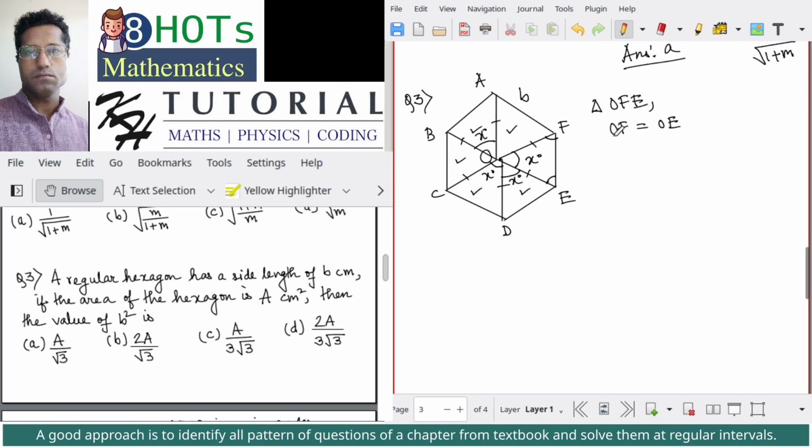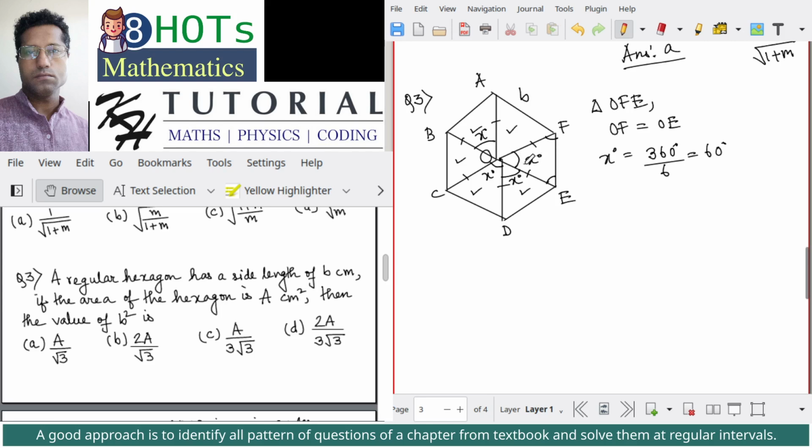All these angles x degrees will be definitely equal to 360 degrees divided by the number of triangles formed, which is as many as the number of sides. So there are hexagon 6 sides. So this will be 60 degrees. So all these angles x will be 60 degrees.